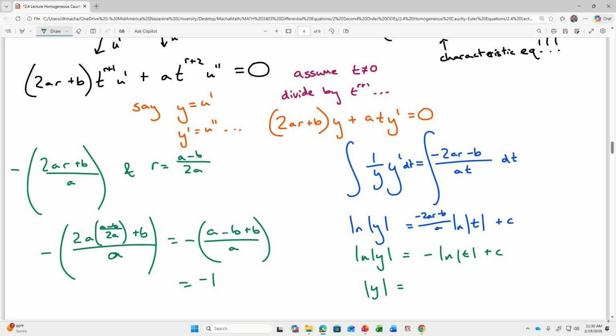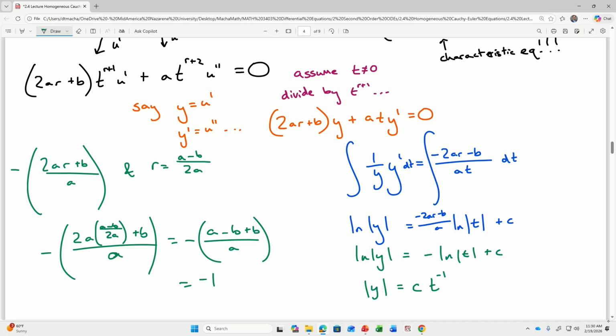e to the power negative natural log of t, which is going to be t to the negative 1 power times the constant. Very good.